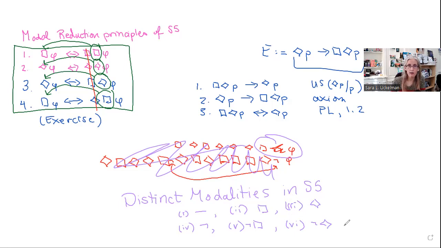These are the only distinct modalities in S5. Everything else can be reduced to one of these.